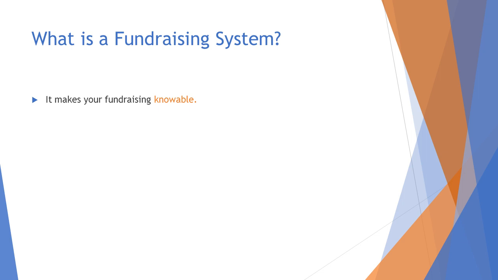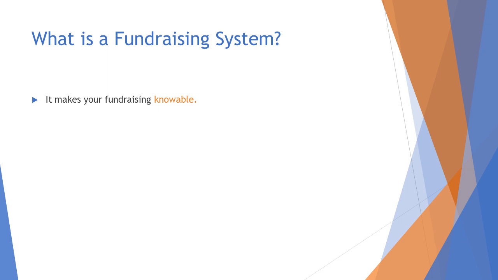Through testing, you can see whether the systems you establish are successful or not, and you can tweak them until they are successful. Once you have good systems in place, you'll know what results you can expect. For example, you'll know that if our nonprofit follows a certain strategy when meeting a new prospect, we have a higher likelihood of turning that prospect into a donor. We know what those things are, A, B, C, D, and we know it because it's worked for us in the past.